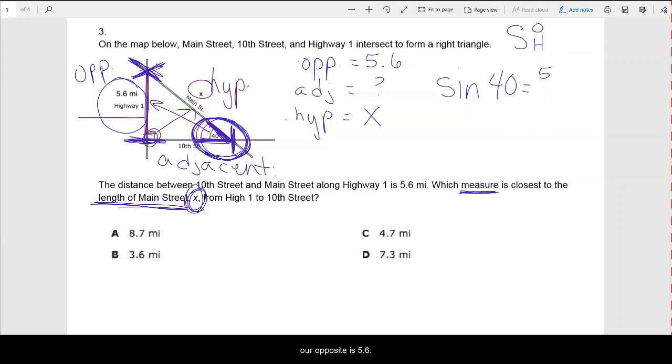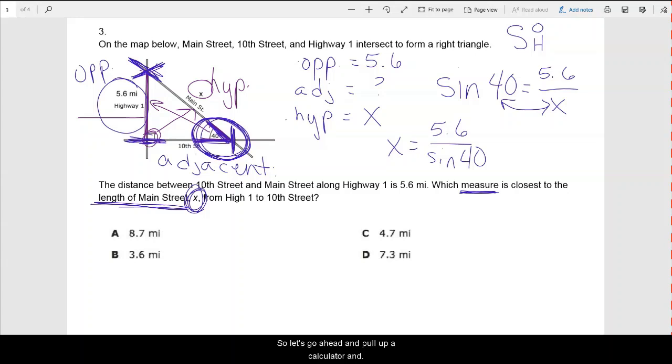Our opposite is 5.6 and our hypotenuse is unknown. So remember what I said in the previous problem. When you're solving for the denominator, you can simply switch it with the other side of the equal sign. So X is equal to 5.6 over the sine of 40.